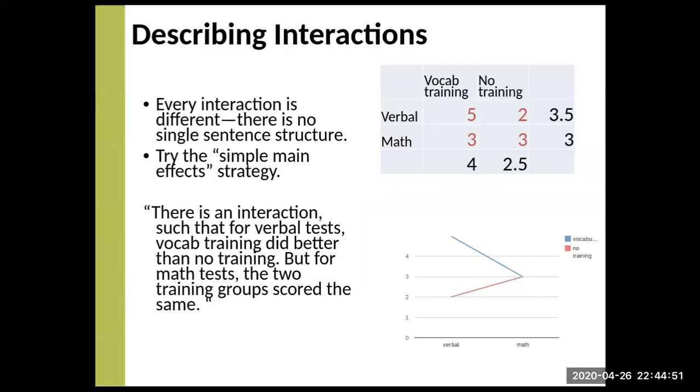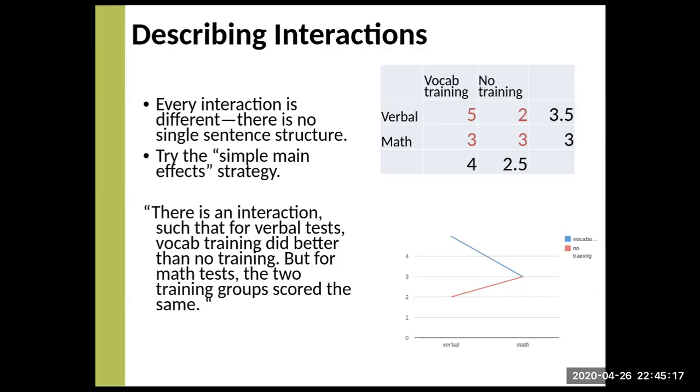So when we're describing interactions, again, we're not using the marginal means at all. Do not use the marginal means. For interactions, we're talking about IV1 and IV2 and how they interact with one another or not. So every interaction is different. We could describe it differently if we were to swap the lines for the x-axis.